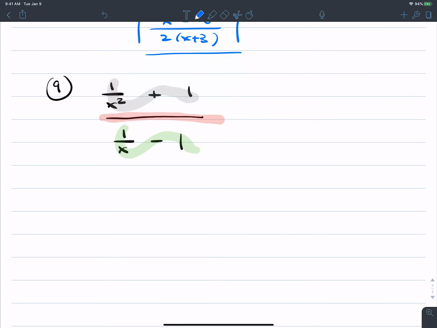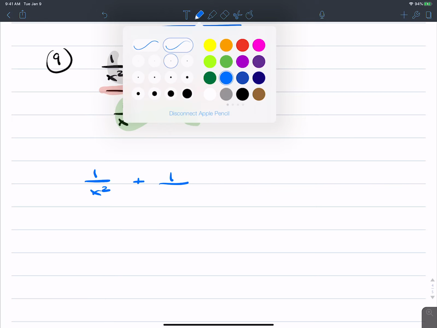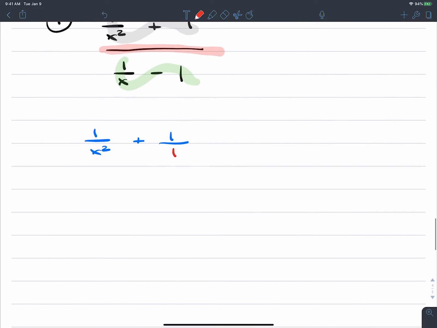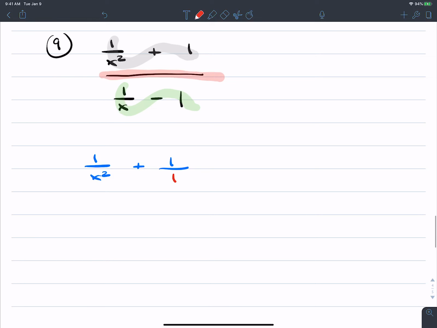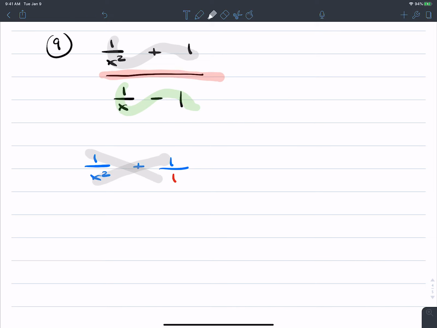So let's take a look at the numerator here. This is 1 over x squared plus 1, and we can put this over 1 here. If there isn't a 1, because 1's a whole number, we could divide by 1. We now have two fractions. And what I'm going to recommend is we can do this cross multiplication, meaning we could take the shortcut.